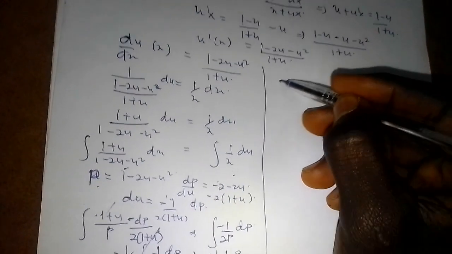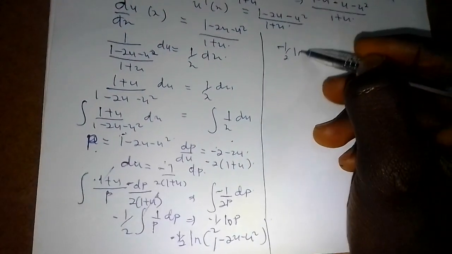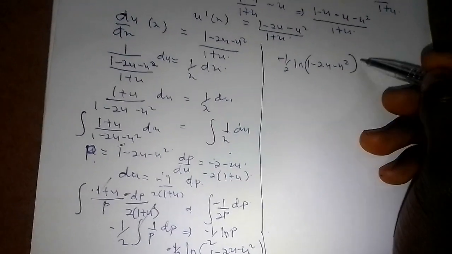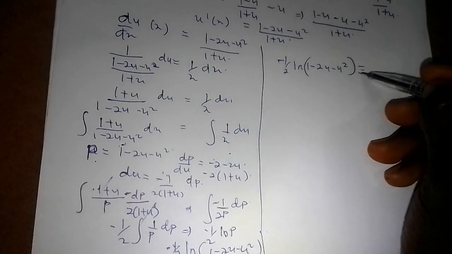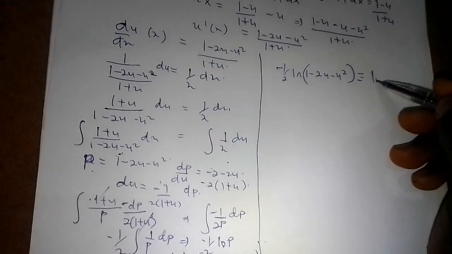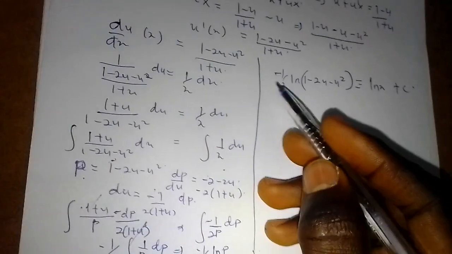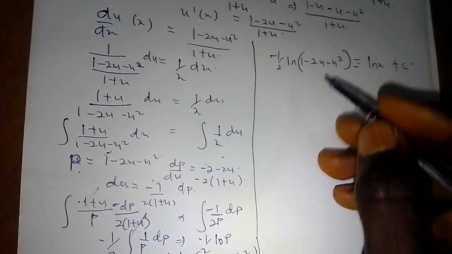So right now I have this part equal to negative half ln of the expression 1 minus 2u minus u squared, all to be equal to the integral of this, which will give us ln x, then plus c. I'll carry this here because it's a logarithmic function.